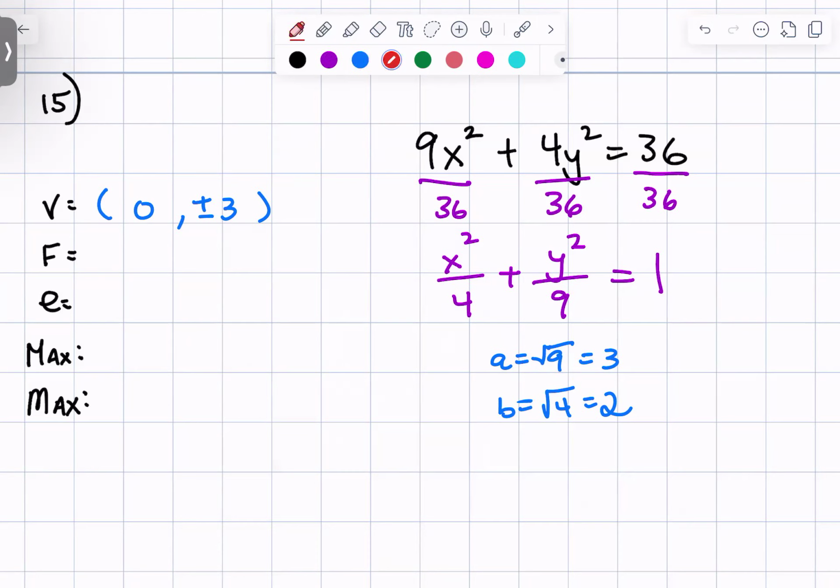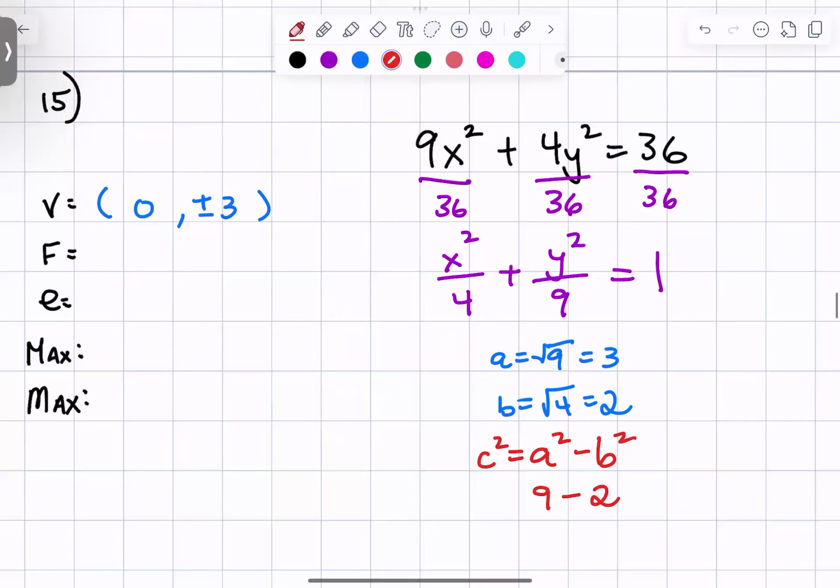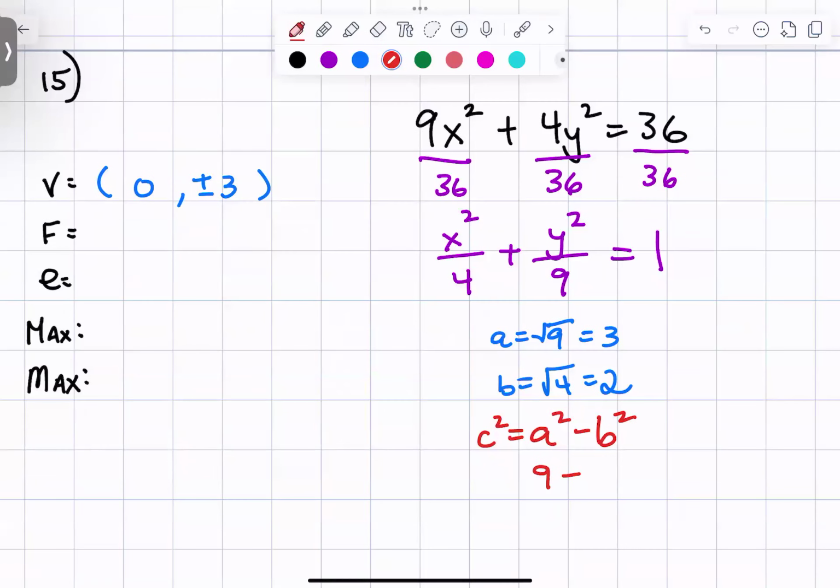To get my c value for my foci, c squared equals a squared minus b squared. So that's 9 minus 4, which is 5.